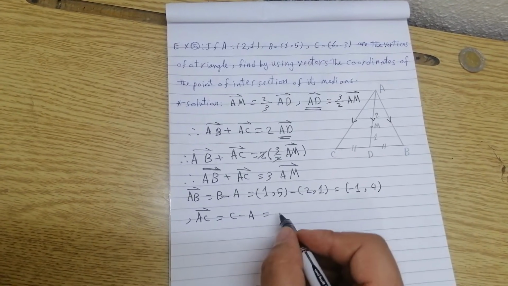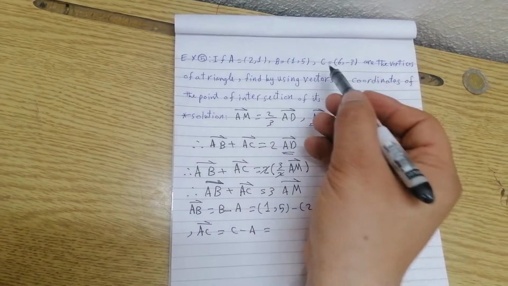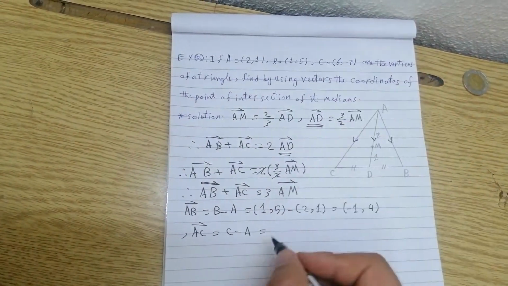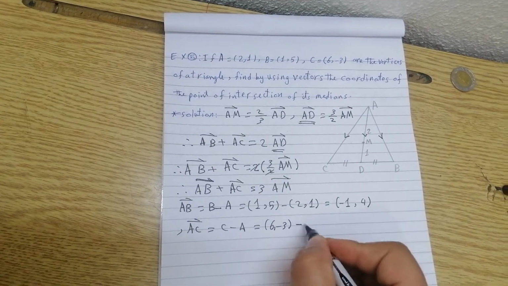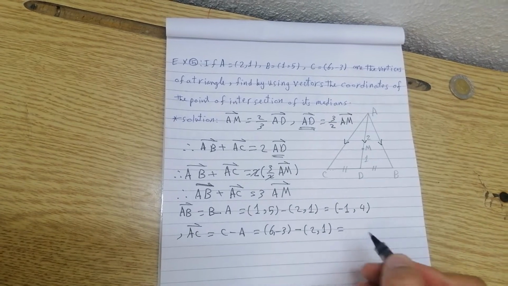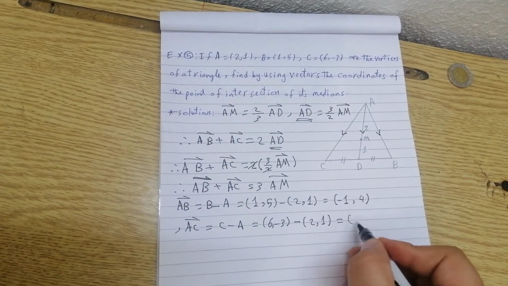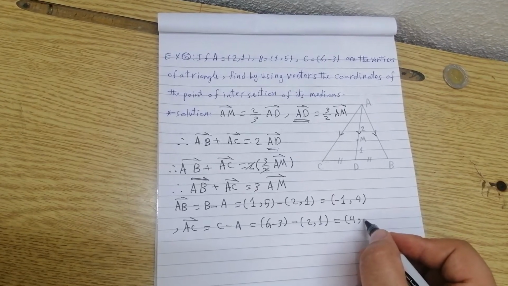So we have here C, which is (6, negative 3), minus A, which is (2, 1), equals 6 minus 2 equals 4, and negative 3 minus 1 equals negative 4.